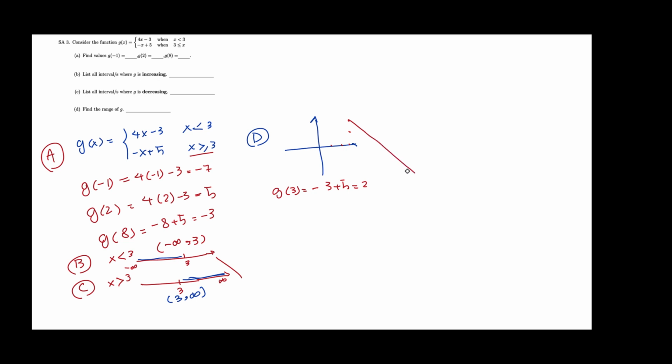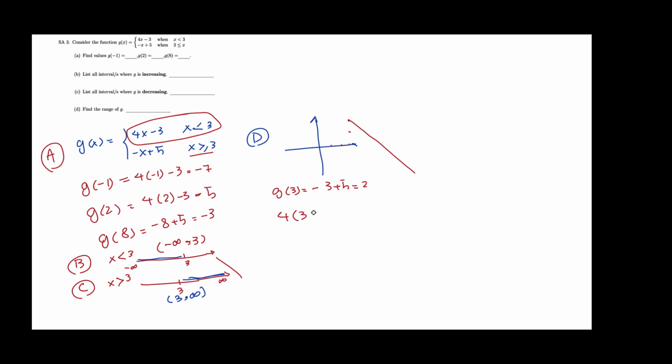Now what I need to do is to figure out what is happening as I get close to 3 on this piece, basically. And I can either graph that line, or I can tell that the line actually ends at, if I plug in 3, it ends at 3 times 4.